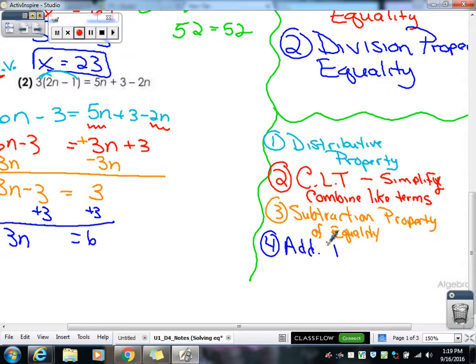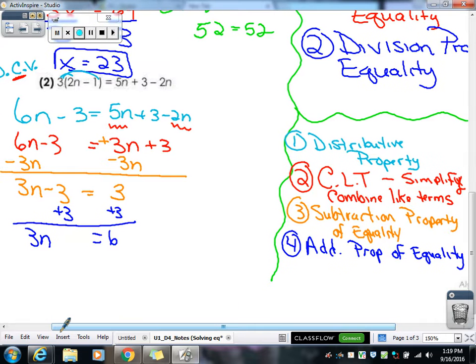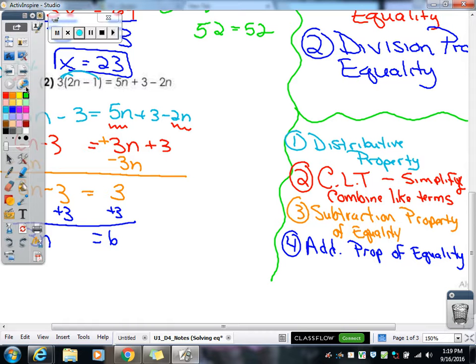And I'm just going to abbreviate it this time. And then the last step is we are going to divide both sides by what? 3.